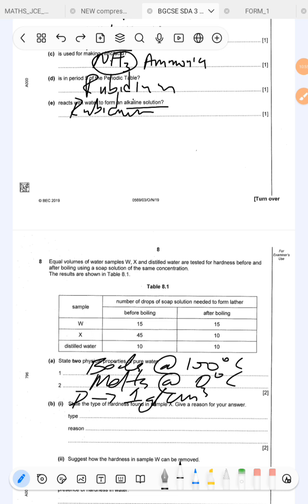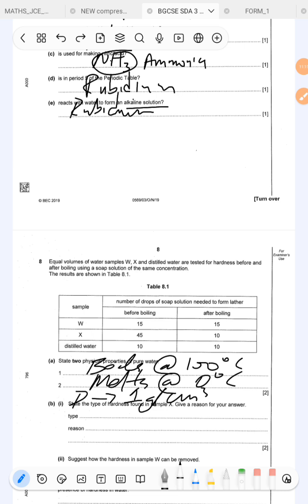And then we can also describe physically how you can interact with it. So you're talking about the taste, the odor, and the color. It's odorless, tasteless, and colorless. Now those 3 points are just 1 point.